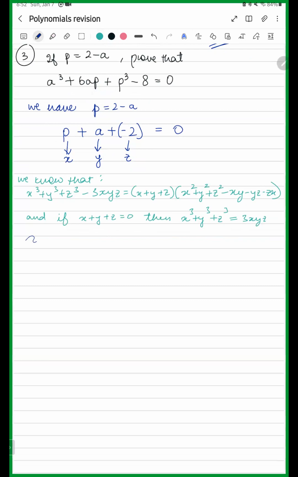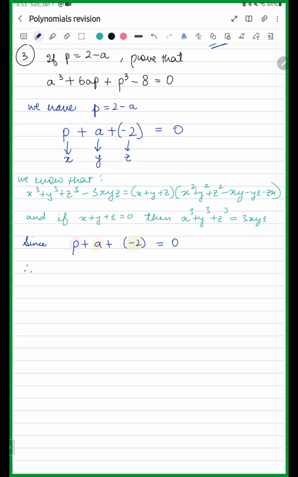Since p plus a plus minus 2 is equal to 0, therefore, now you are taking this as x, this as y, and this as z. So this is x, this is y, and this is your z.